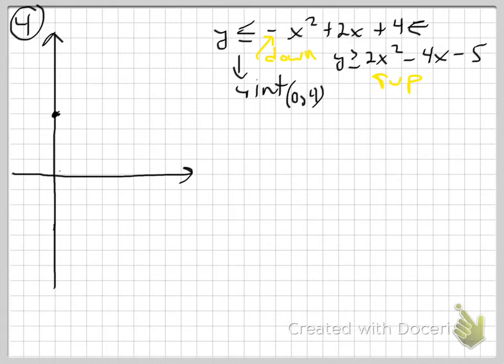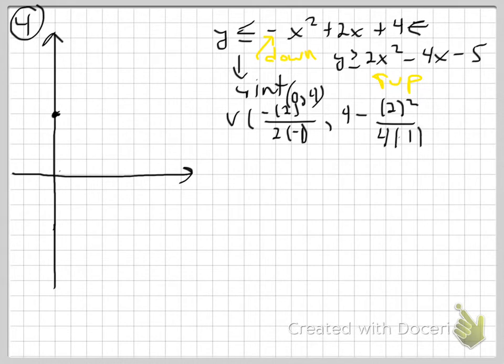Okay, I need the vertex. So the vertex is negative b over 2a, where b is 2 and a is negative 1, and then the y-value is 4 minus b squared, 2 squared, over 4 times negative 1.